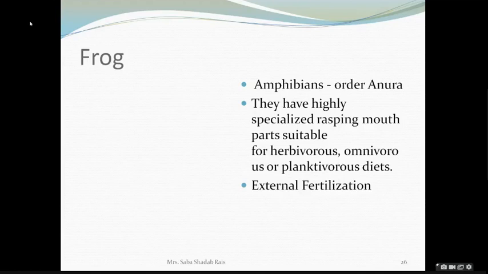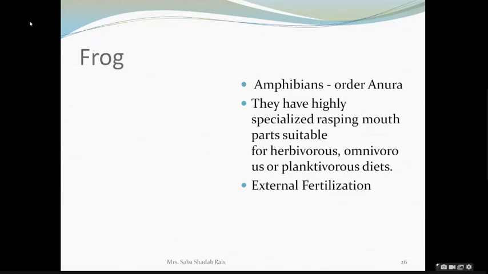External means the male frog will release its gametes into the water, and the female will release its ovum, that means the egg, into the medium, into the water. The fusion of gametes occurs there, and the egg is fertilized outside the body. And then once the eggs are fertilized, their development starts.